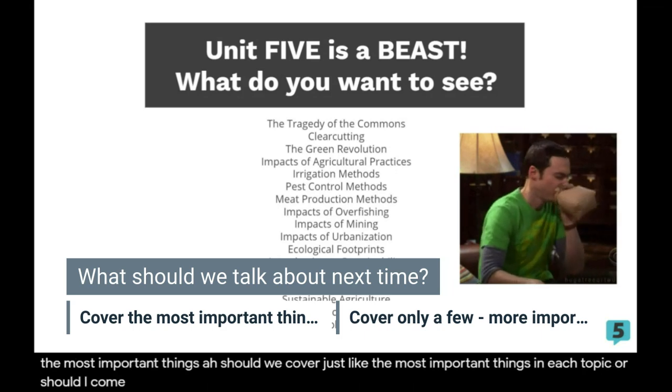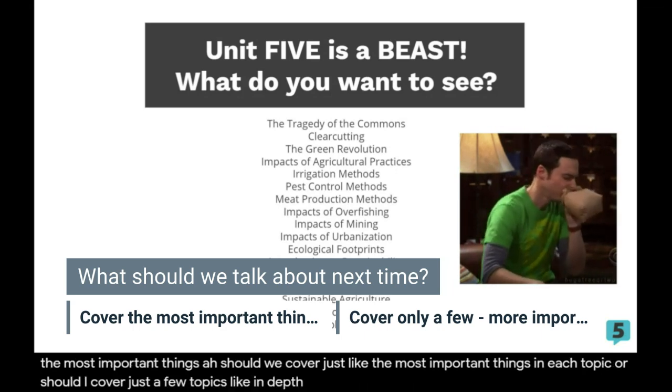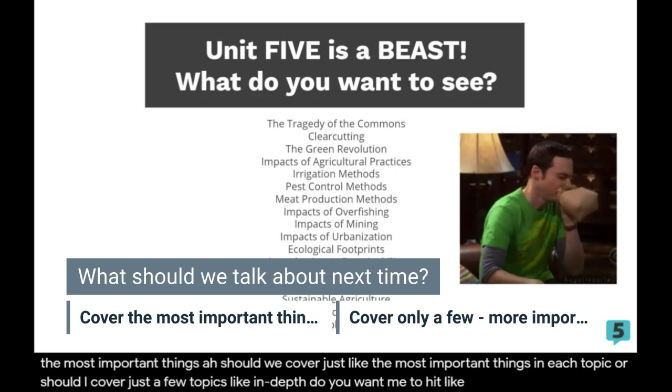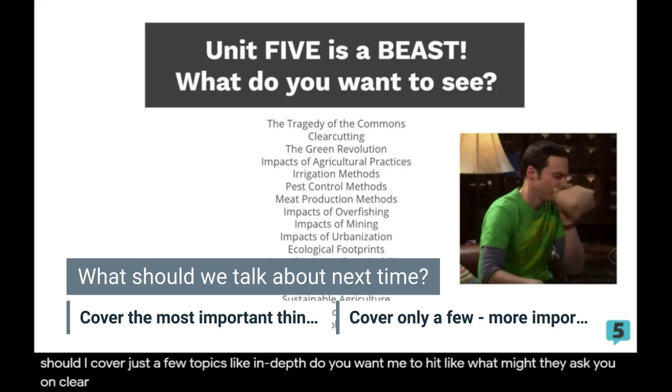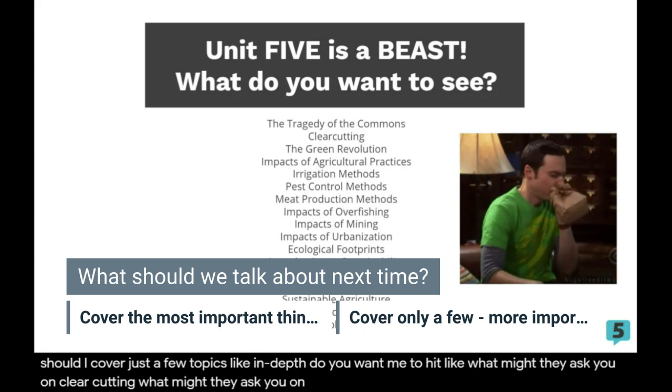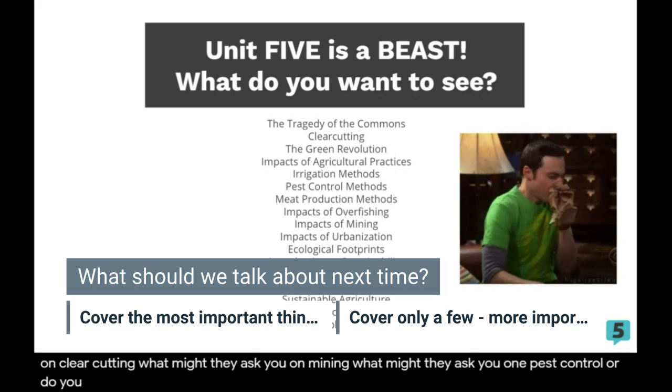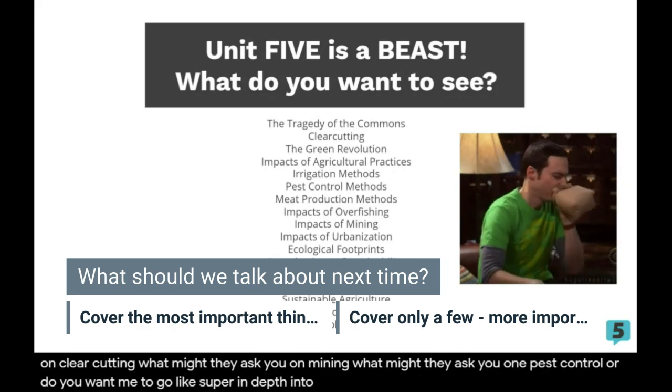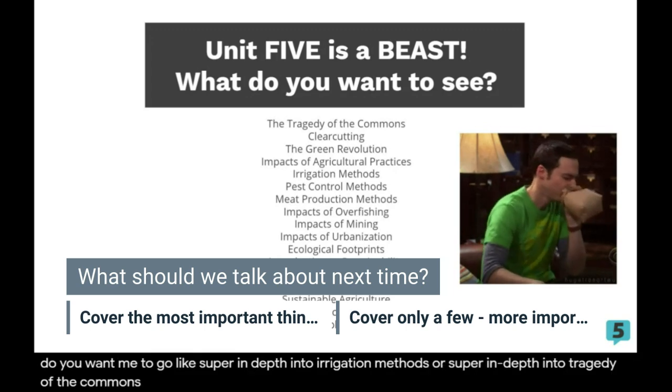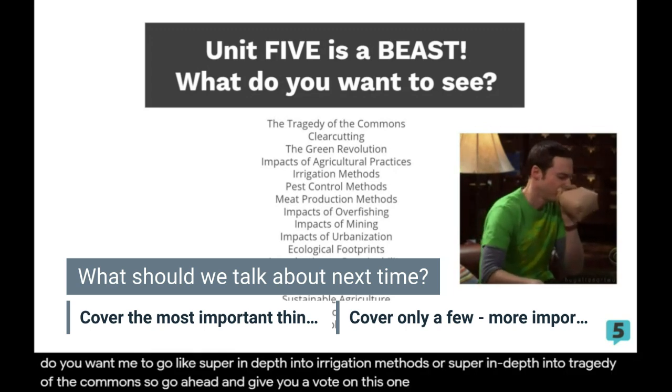Or should I cover just a few topics in depth? Do you want me to hit what might they ask you on clear cutting, mining, pest control? Or do you want me to go super in depth into irrigation methods, or into tragedy of the commons? So go ahead and give me a vote on this one real quick here.